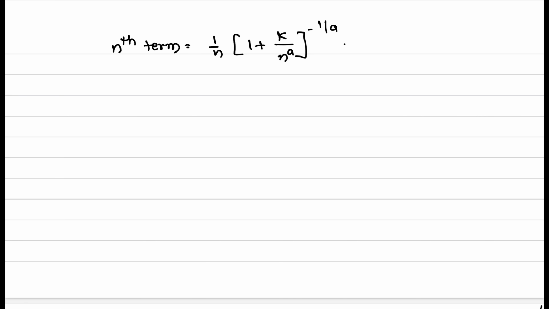Now, if n tends to infinity, what happens? k by n to the power of a, when a is greater than 0 and less than 1, will be 0.